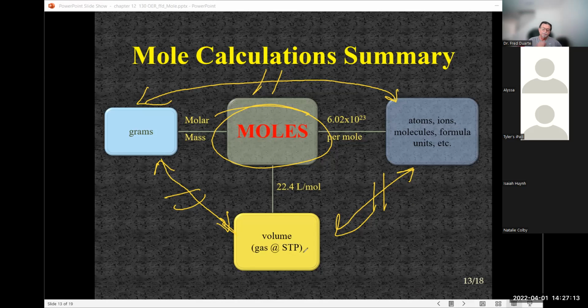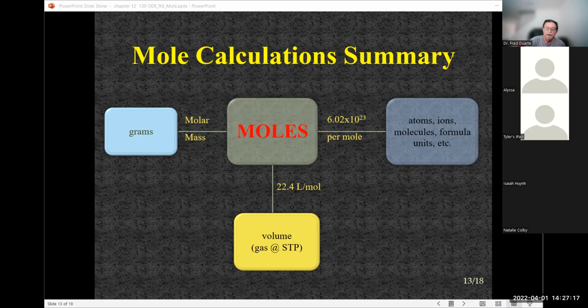All right, and so let me erase this. If I start off with grams, I'm going to need molar mass or atomic weight, depending on what the material is. But I'm going to interchange the terms atomic weight and molar mass.